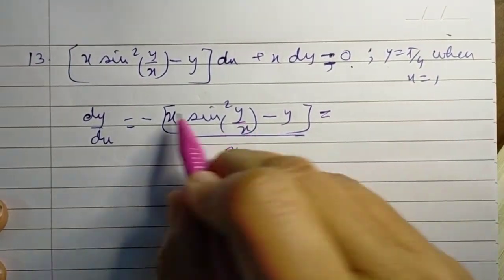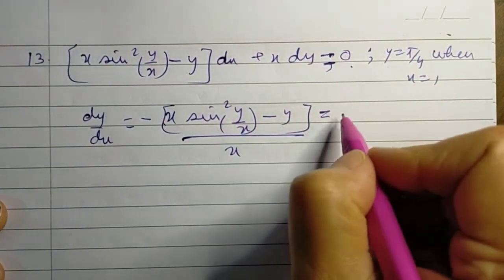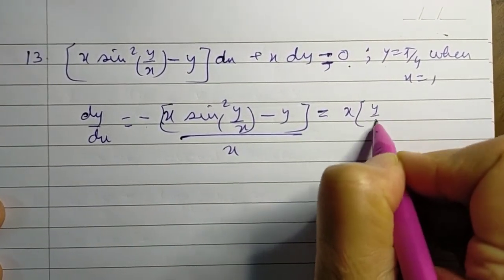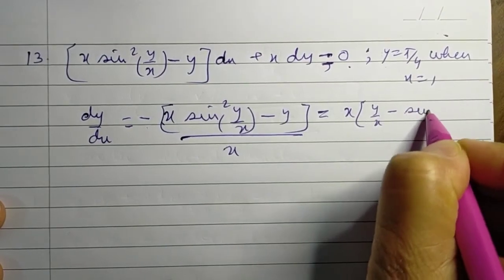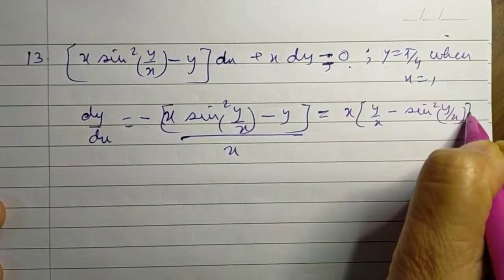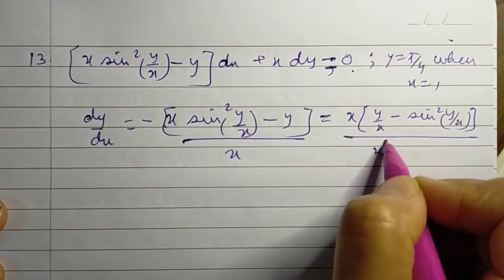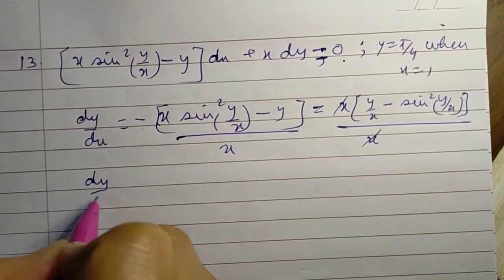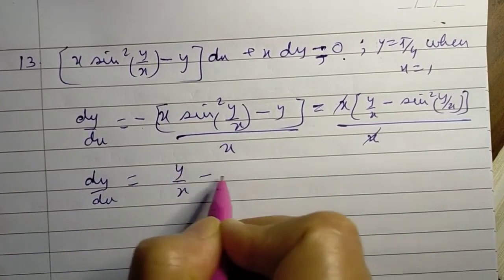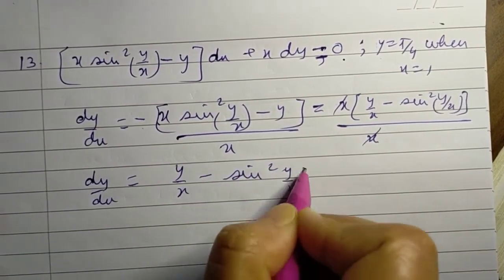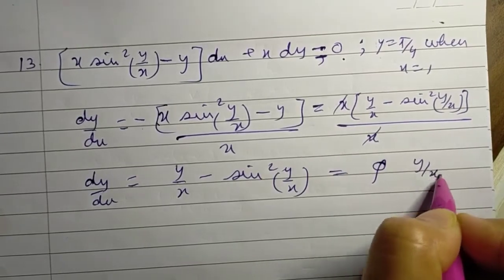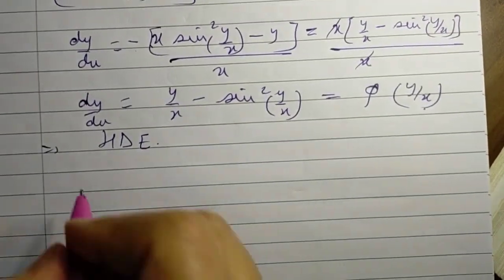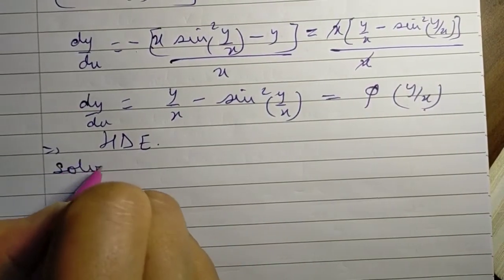Taking x common and absorbing the minus sign inside, I get x (y by x minus sine squared (y by x)) upon x. This x and this x get cancelled, and what I get is dy by dx is equal to y by x minus sine squared (y by x), which is a function of y by x alone, so it is a homogeneous differential equation.